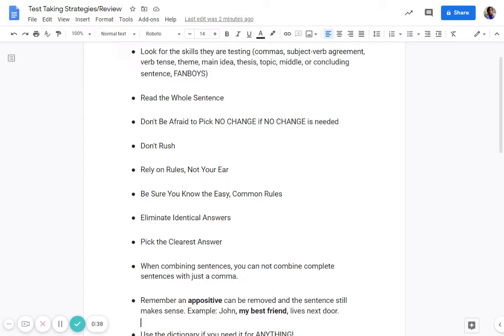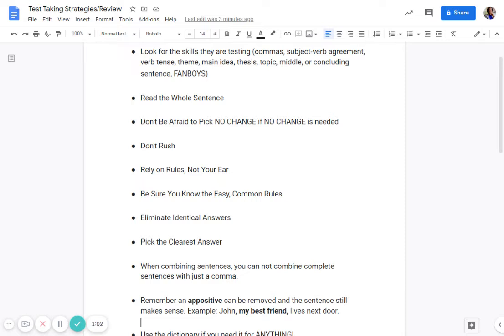Maybe they're trying to see if you can identify a topic sentence, that sentence that tells me what the whole paragraph is about, or if you know how to find the middle ingredients or concluding sentence. So make sure you are reading the question and then you got to kind of read in between the lines and see what it is they're trying to test you on so you can answer that question, okay?